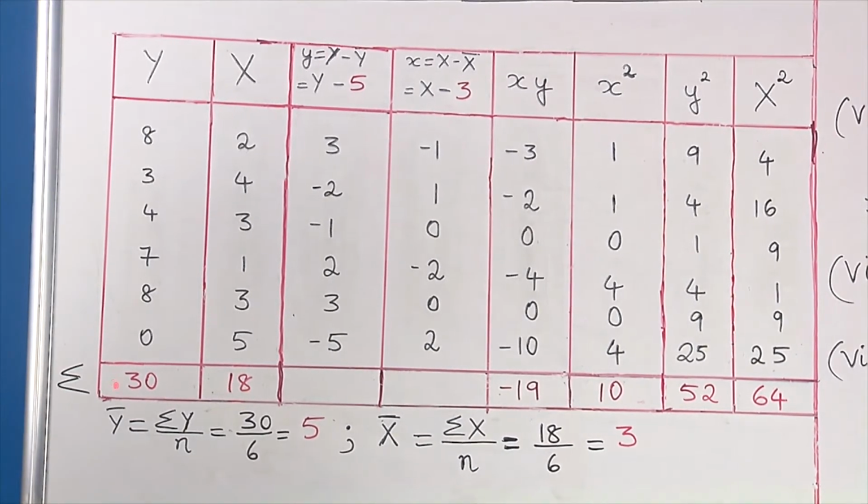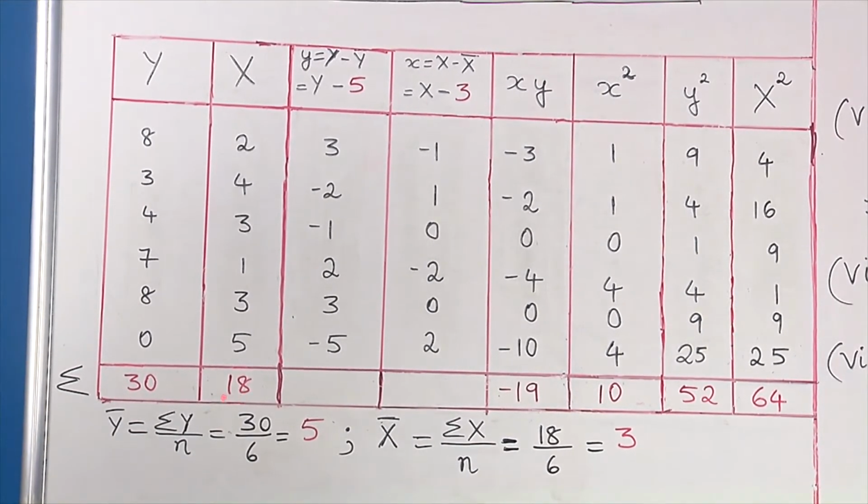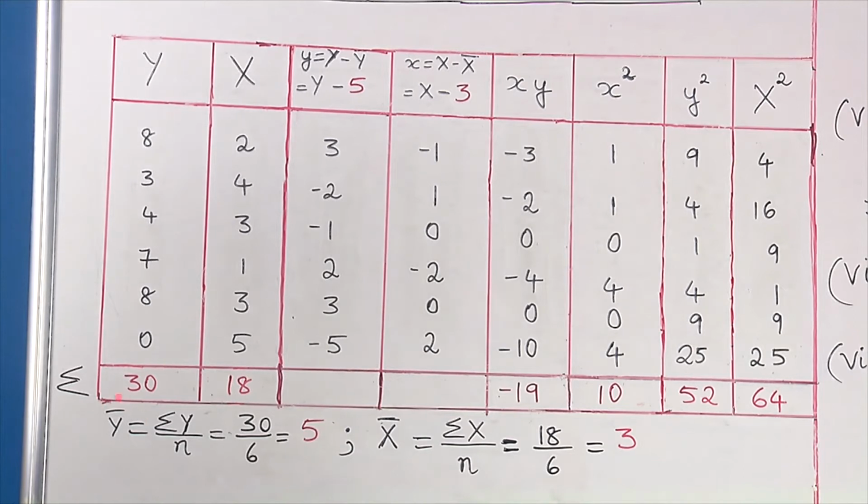After summing up, this total is used to find the mean of y, which is y bar equal to sigma y by n. Here sigma y is 30 and n, the number of data, is 6. So, 30 by 6 gives you 5. So, 5 is the mean of y.